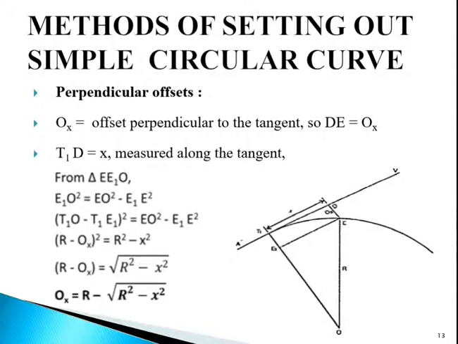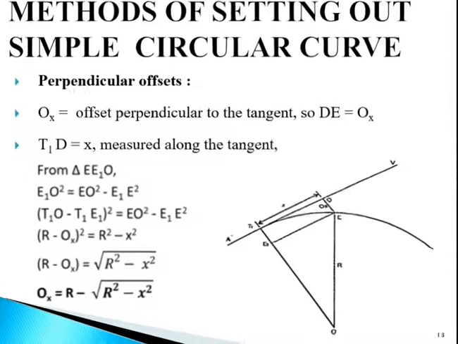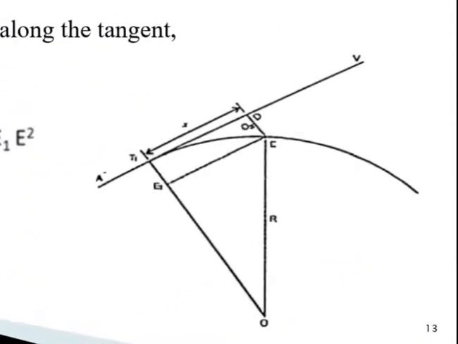Next are perpendicular offsets. If the deflection angle and the radius of curvature are both small, the curve can be set out by measuring offsets from the tangents, and the offsets may be either perpendicular or radial. Let OX be the offset perpendicular to the tangent, so DE is OX, and T1D is equal to X, measured along the tangent.